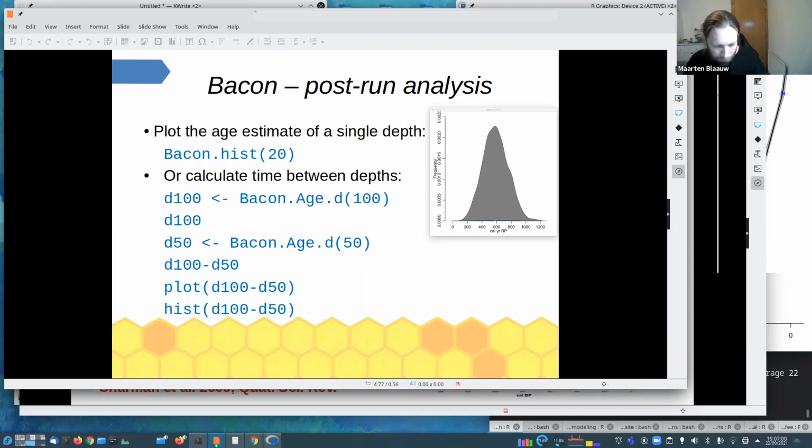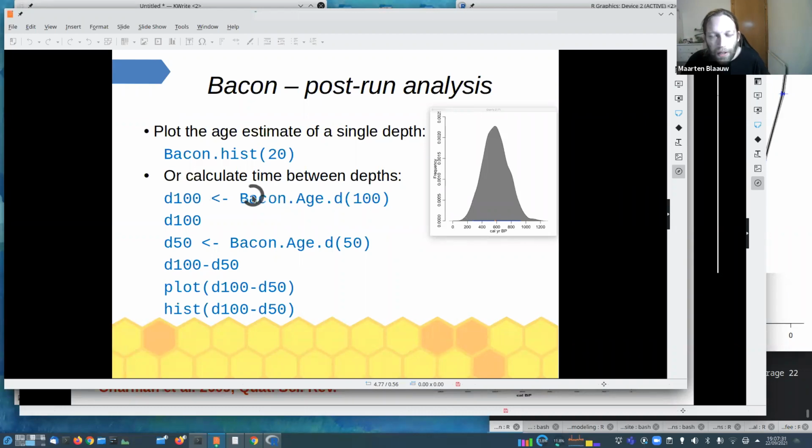For example, you can ask Bacon to draw a histogram of 20 centimeters depth, bacon.hist(20). There you can get this output. So it gives you the distribution of the ages around 20 centimeters depth, and it gives you as well a 95% range, for example, and a mean and a median. So that's helpful to look at individual depths and their ages.